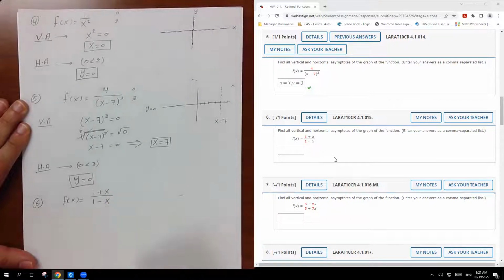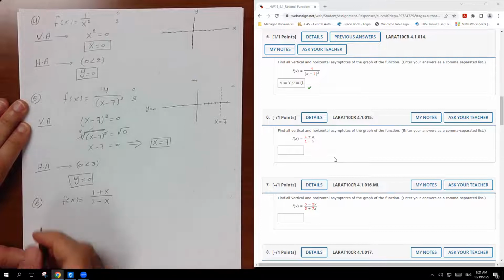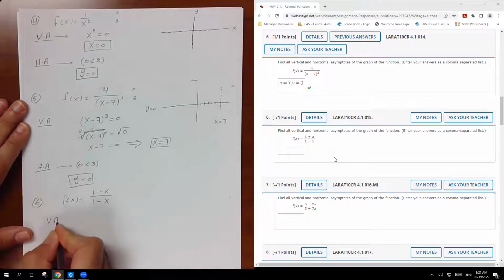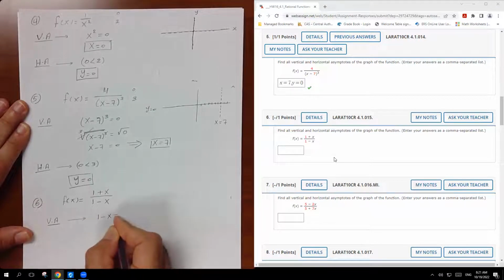We need to find the vertical asymptote and the horizontal asymptote. How are we going to do that? For the vertical asymptote, we're just going to set the denominator equal to 0, which means 1 minus x equals 0.